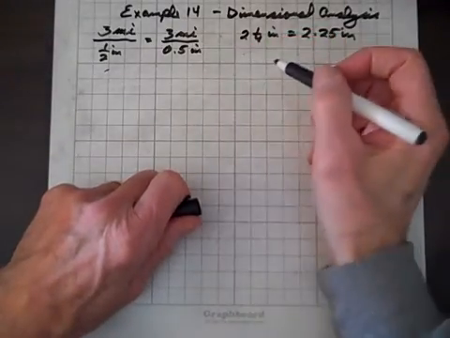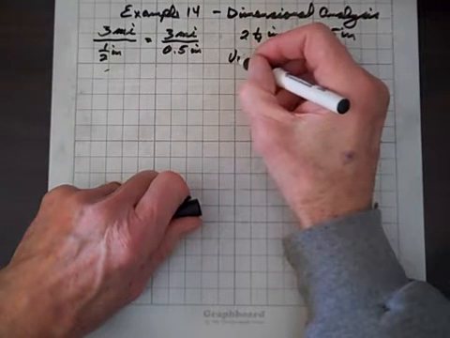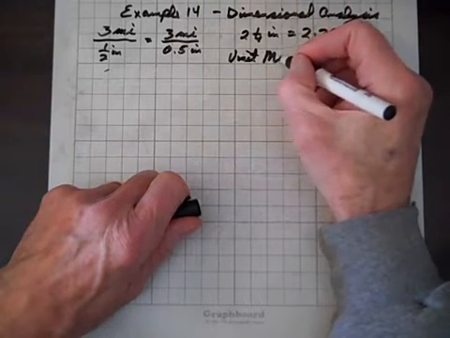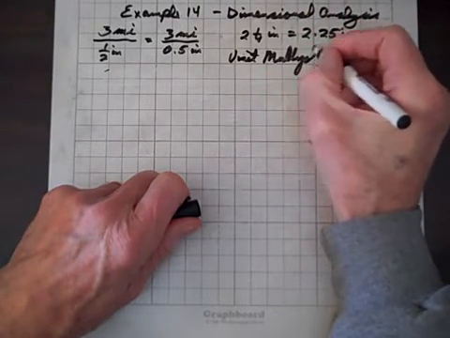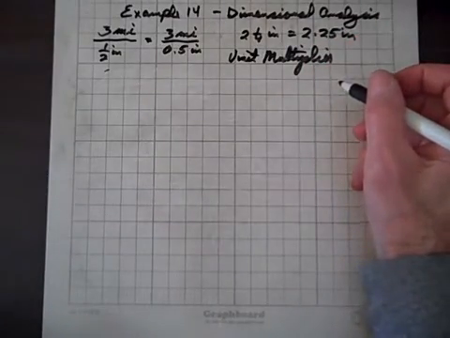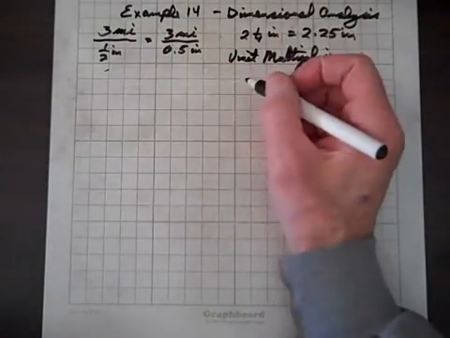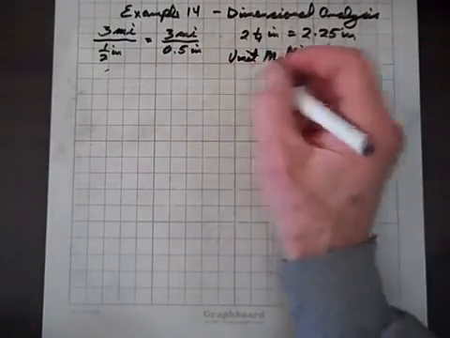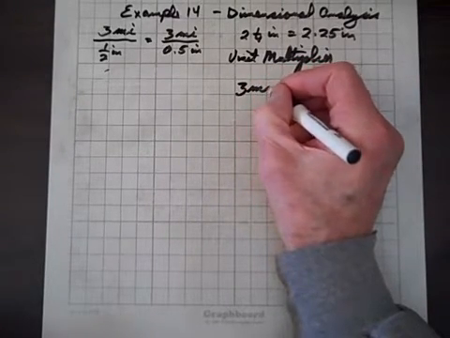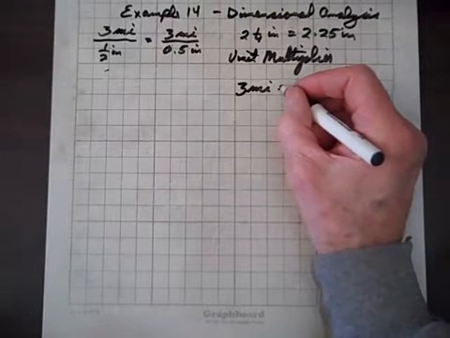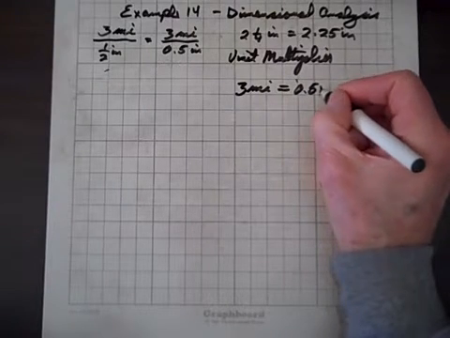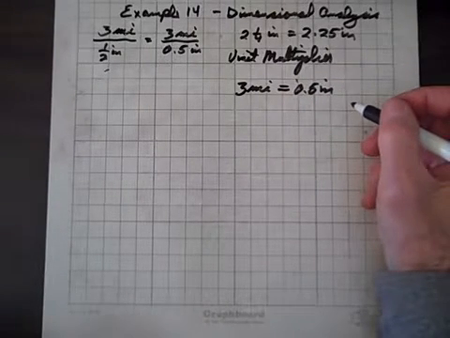We also need a unit multiplier. A unit multiplier is a ratio that just equates to 1. So, will you agree, for this problem it's stated that 3 miles on the Earth equates to 1/2 or 0.5 inches on the map.